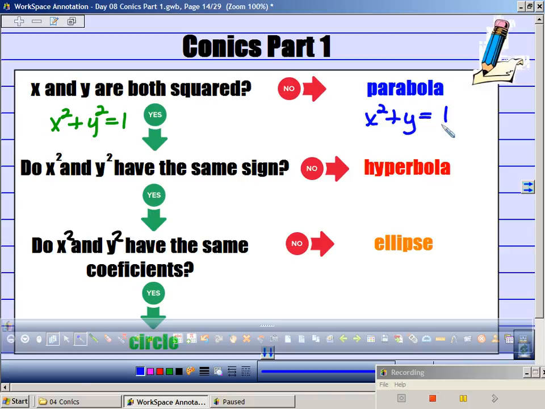We'll make everything look the same. Do x squared and y squared have the same sign? This would be yes. They have the same sign. This one would be a no. We'll do this one first. X squared minus y squared equals 1 would look like this.